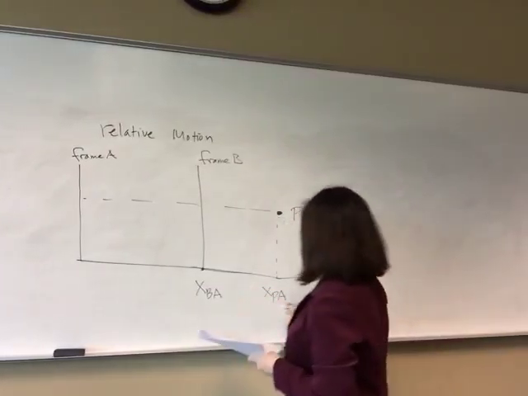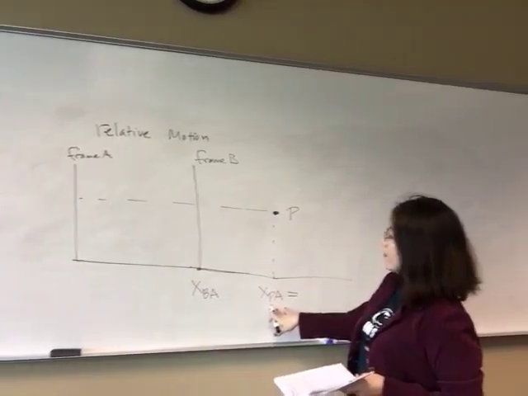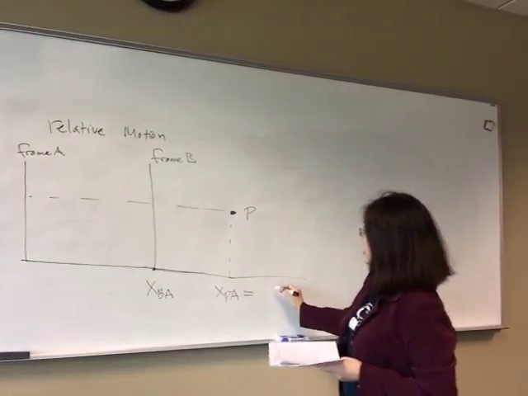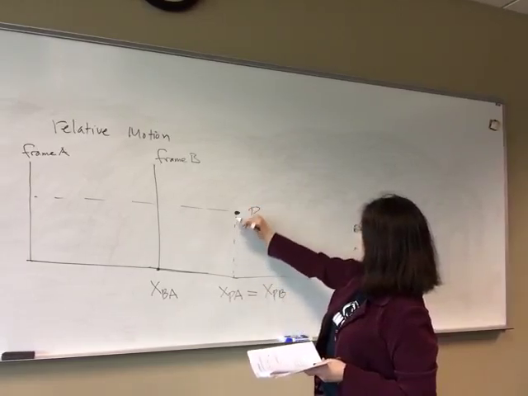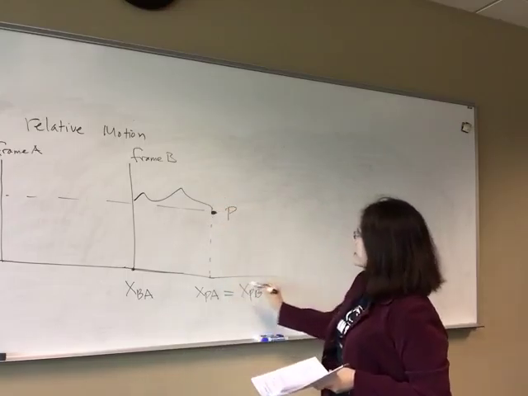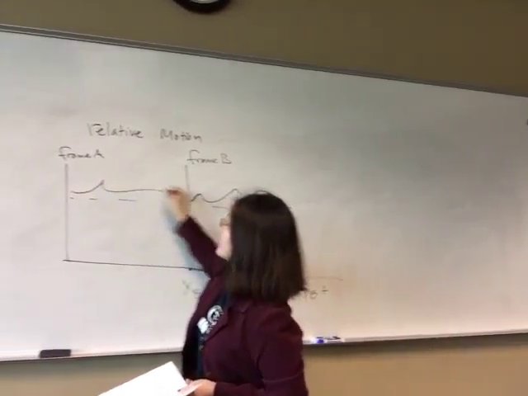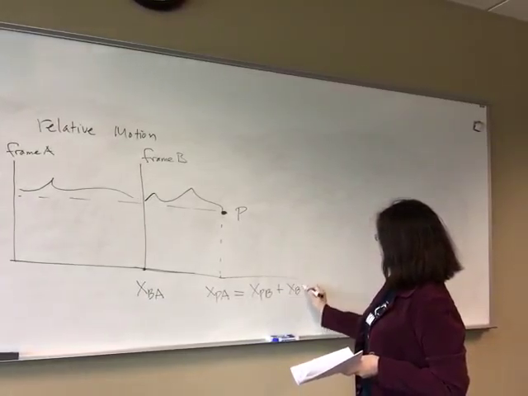So what we have here is that this object represented in frame A has to be equal to the object in frame B, so that will be this, and then plus the separation between these two, so plus x_BA.